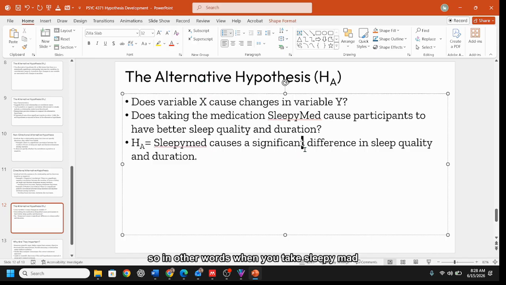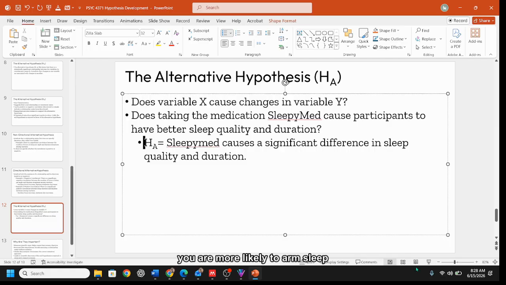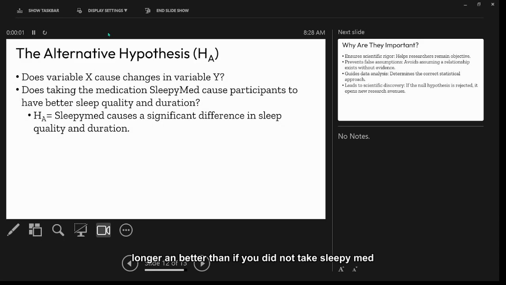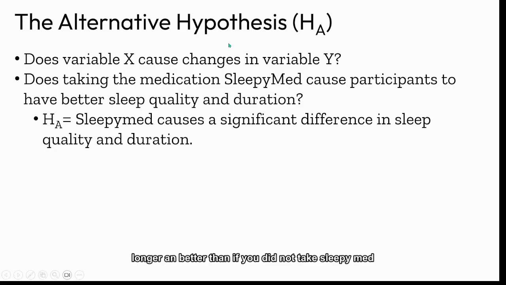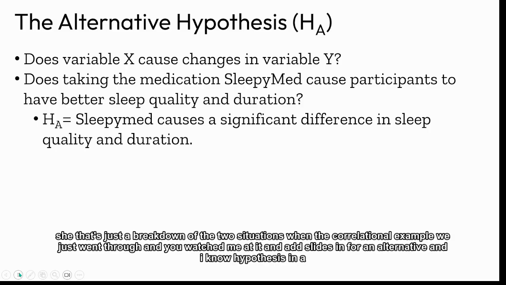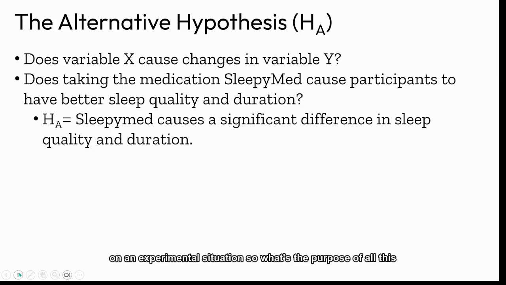So in other words, when you take sleepy med, you are more likely to sleep longer and better than if you did not take sleepy med. Okay? So that's just a breakdown of the two situations. One's a correlational example we just went through, and you watched me edit and add slides in for an alternative and a null hypothesis in an experimental situation.